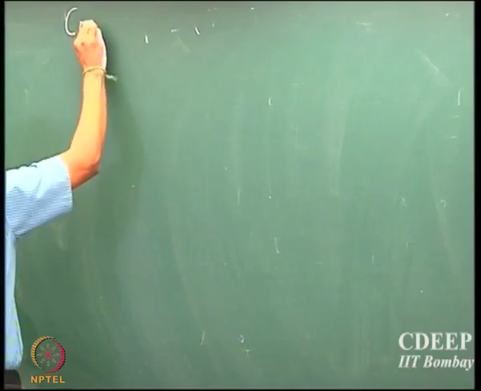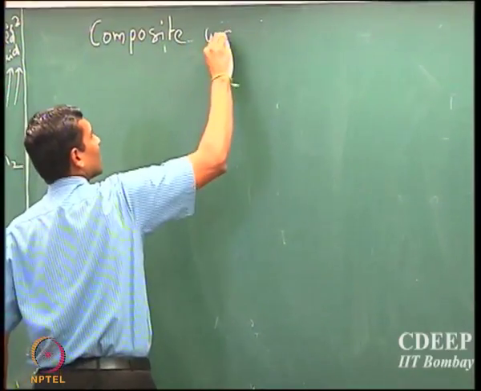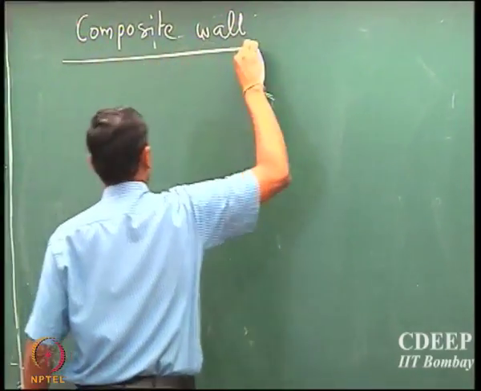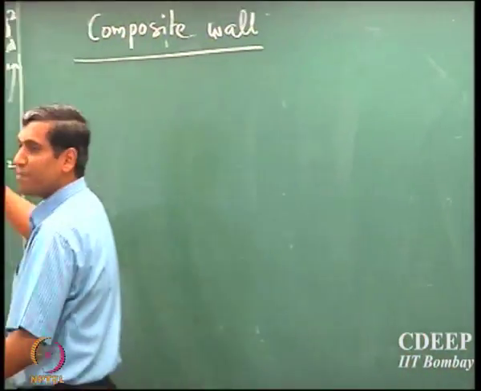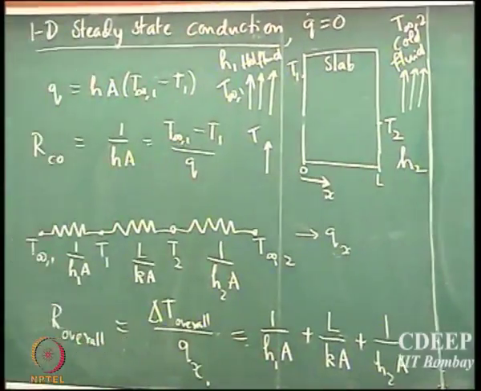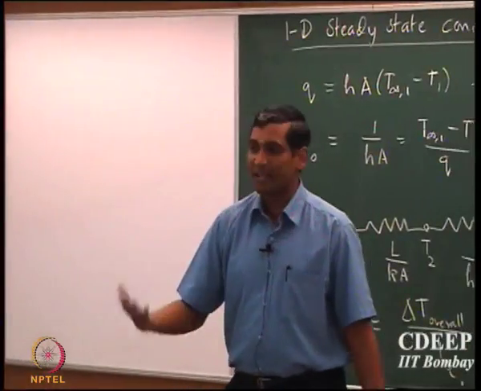So let us take the next example of a composite wall. Supposing instead of one wall, I have multiple walls which are stacked next to each other. This is a very, very common thing that you would observe in an insulating system.